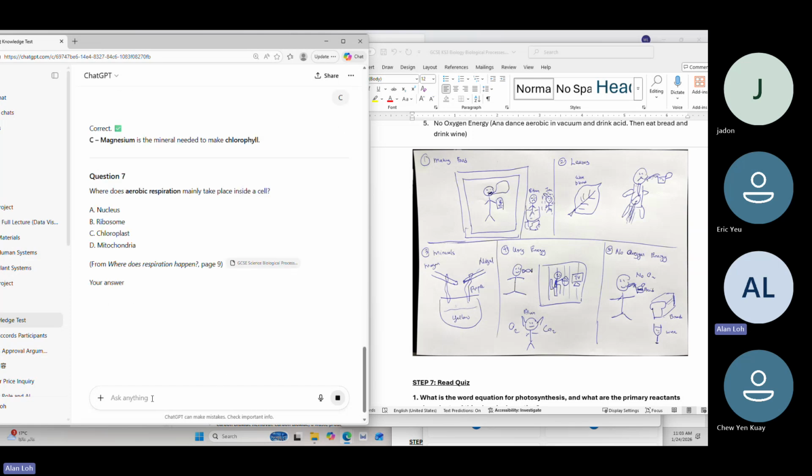Okay, Eric, next. So this is number 4, drawer 4, mitochondria. D. Yes, mitochondria. Okay. Jaden, remember mitochondria is for respiration. Chloroplast is for photosynthesis.